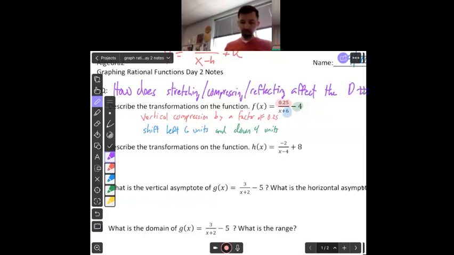Okay, so let's look at number 2. So Samantha, what's one of the transformations we could talk about there? Reflect over the x-axis. Okay, so the negative will take care of a reflection over the x-axis, or you could say vertical reflection.